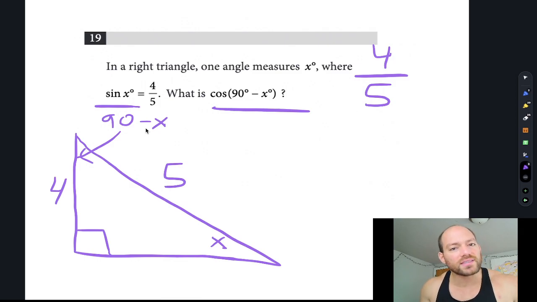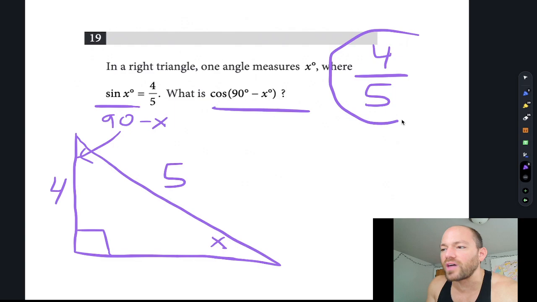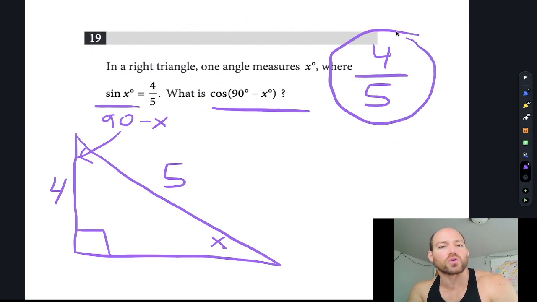So when they say x and 90 minus x, I think a more helpful way for you to think about that is one angle and the other angle, as far as the other two angles are concerned in a right triangle. So what's the cosine of this angle up here? Well, cosine is adjacent over hypotenuse, 4 over 5, which we knew was going to be the answer, but I just want to show you why that is.